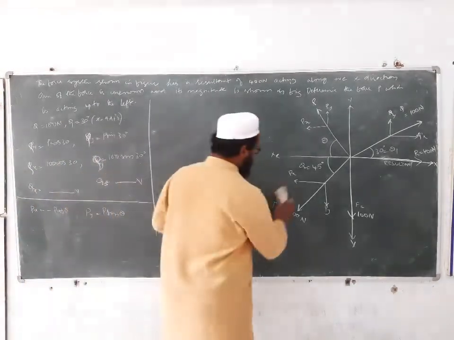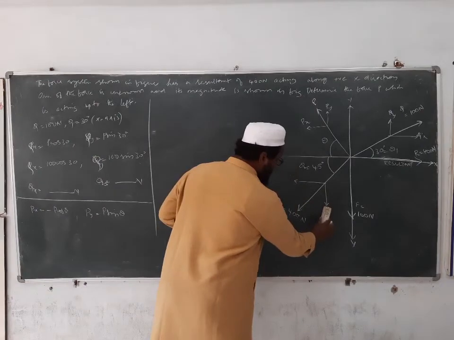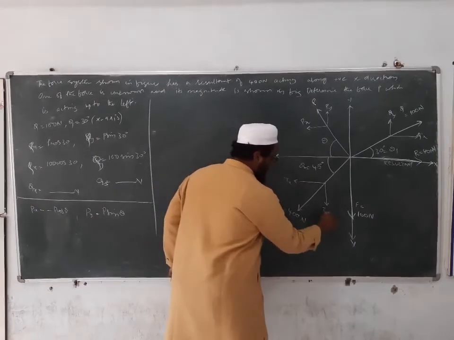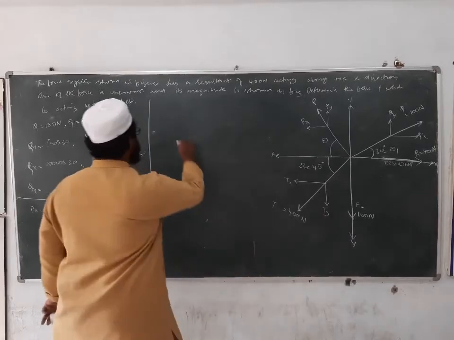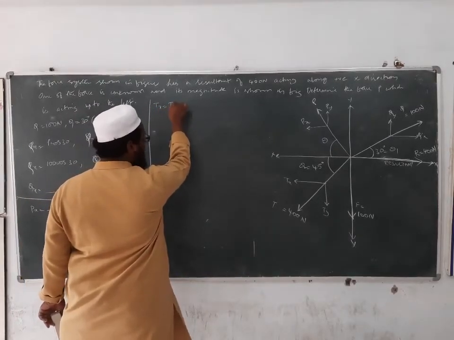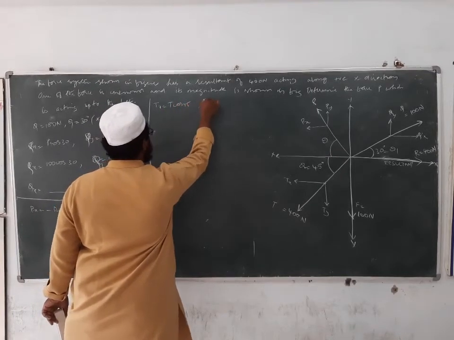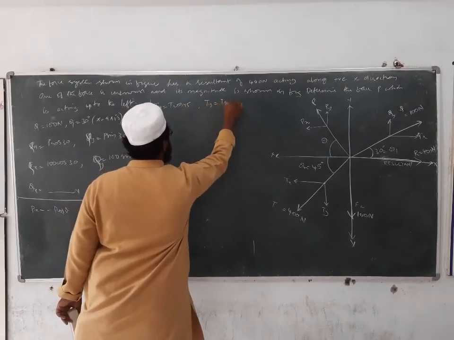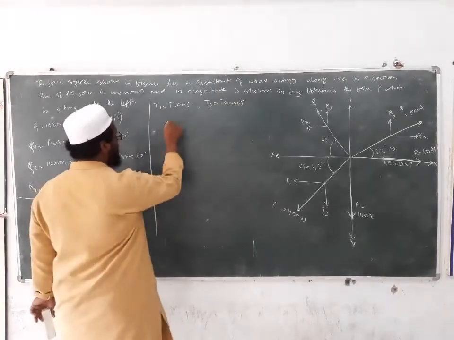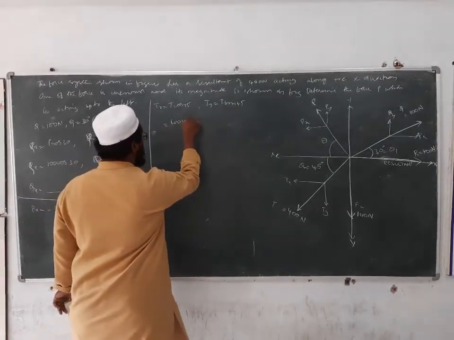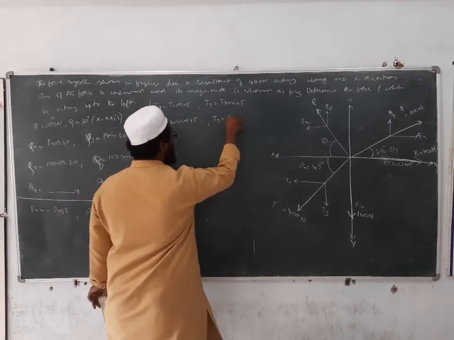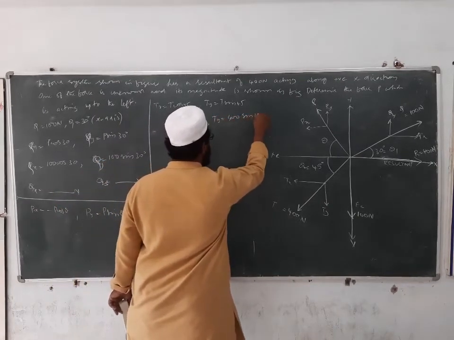Now we will go for this one. We will name this as T, with Tx and Ty. Tx is equal to T cos 45 and Ty is equal to T sin 45. So 400 into cos 45, and Ty is equal to 400 into sin 45.